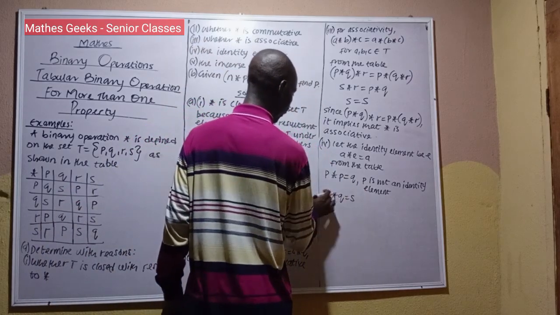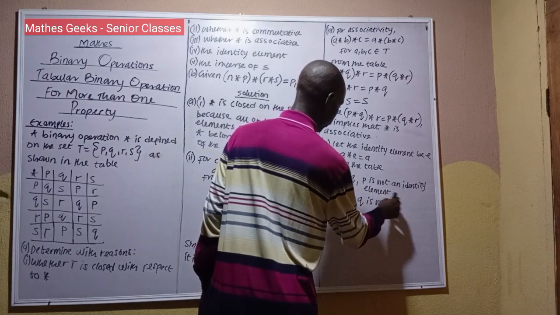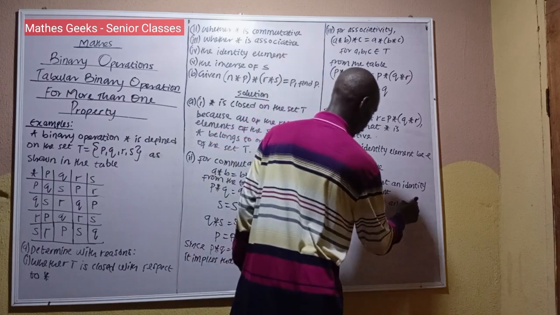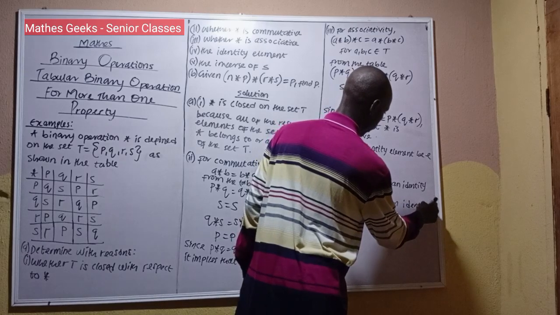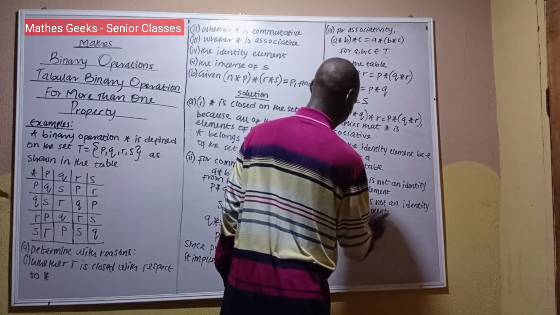Since we didn't get P, that means Q is not an identity element.